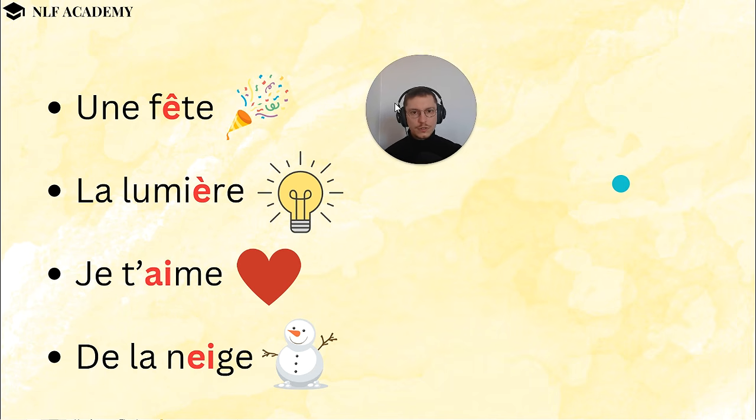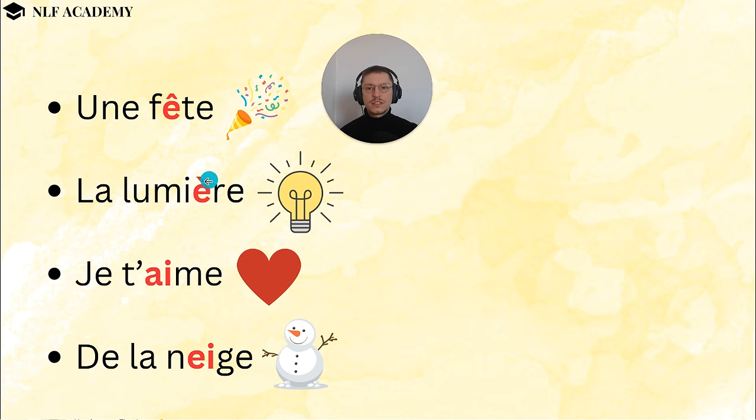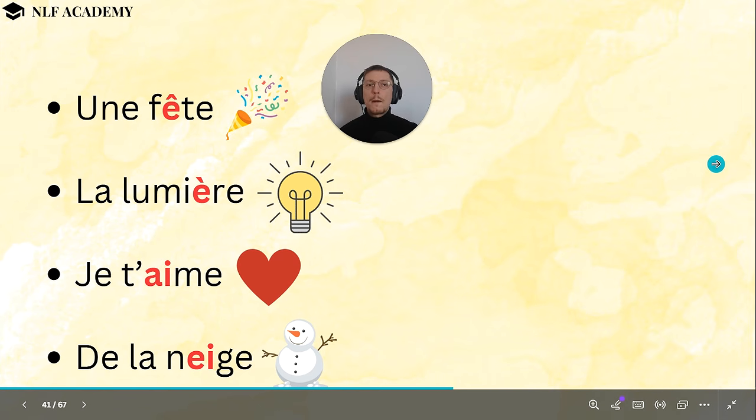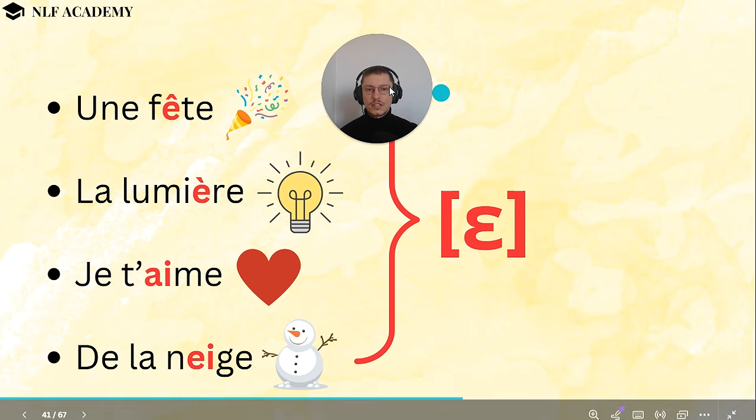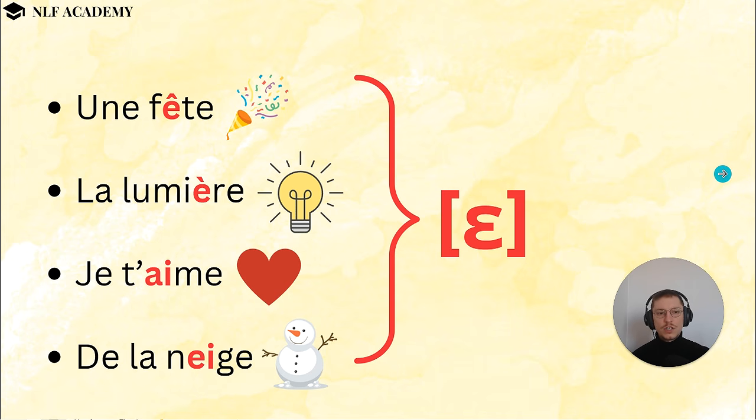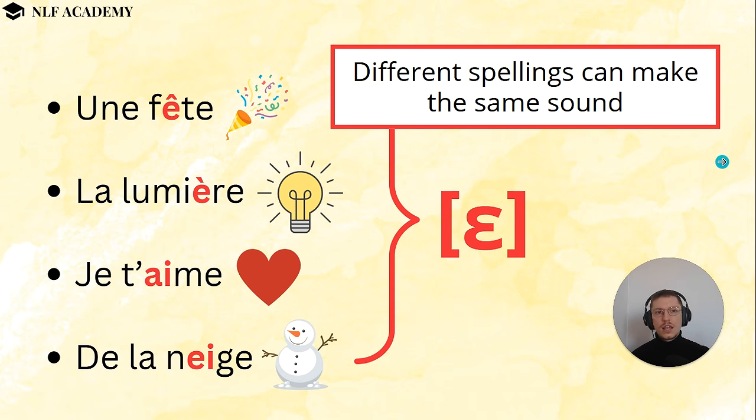What do you notice here? All of these sounds are exactly the same. They are pronounced in the same way. But they are not written in the same way, which means that in French, different spellings can make the same sound.